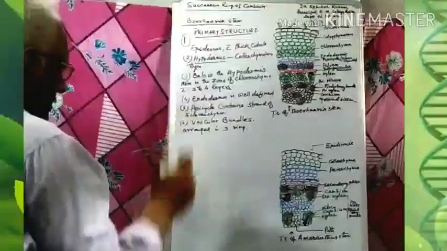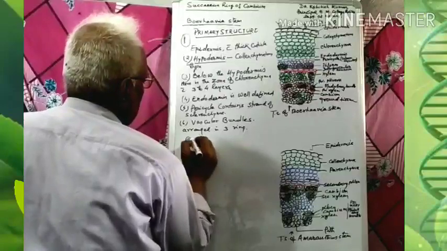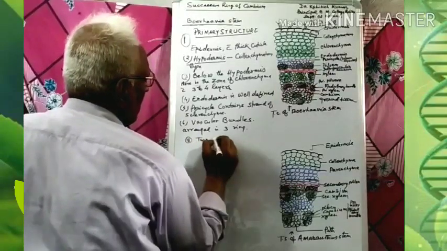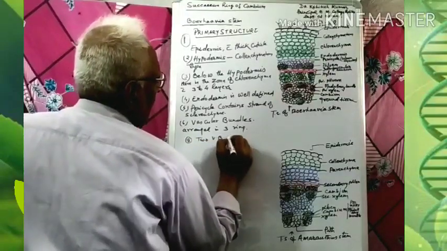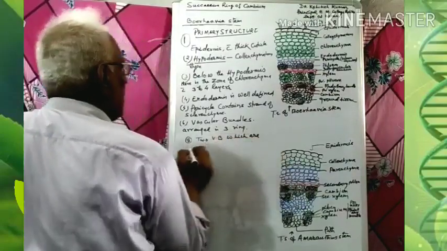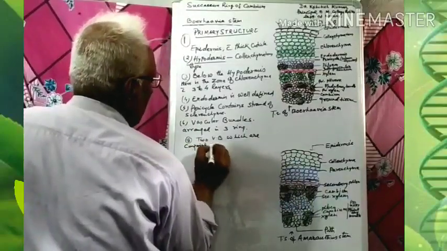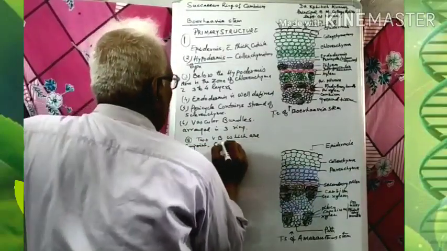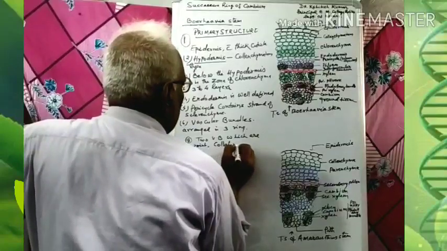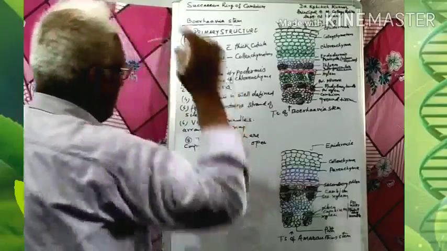The first, the innermost, has 2 vascular bundles which are conjoint, collateral and open. This is the term.